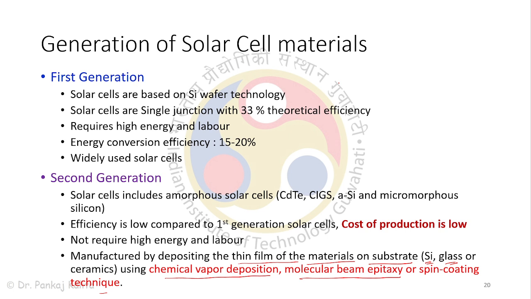Thin film technology came in this second generation, where a very thin film of silicon or glass or ceramics on a substrate can be manufactured by various methods like spin coating, CVD, etc. But the problem of the second generation was its very low efficiency.